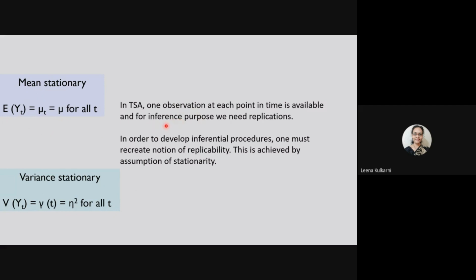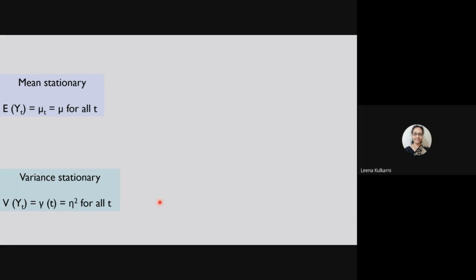It is for inference purposes. As we all are aware, we need replications, and in time series analysis we have only one observation at a single time point. So for inferential purposes, it is generally assumed that the values have the same mean across all the time points. This is achieved by the assumption of stationarity, which is mean stationarity and variance stationarity.